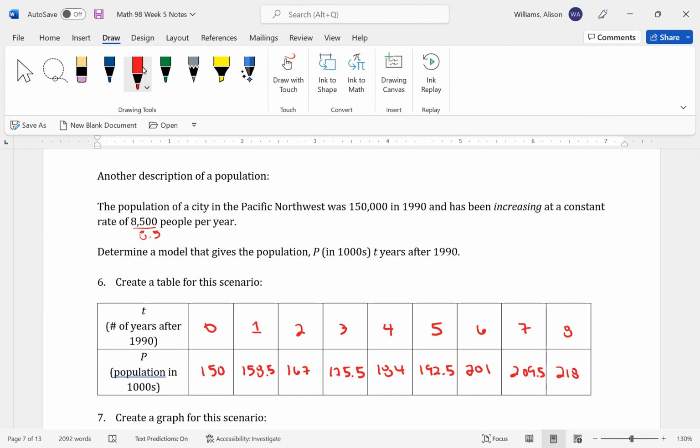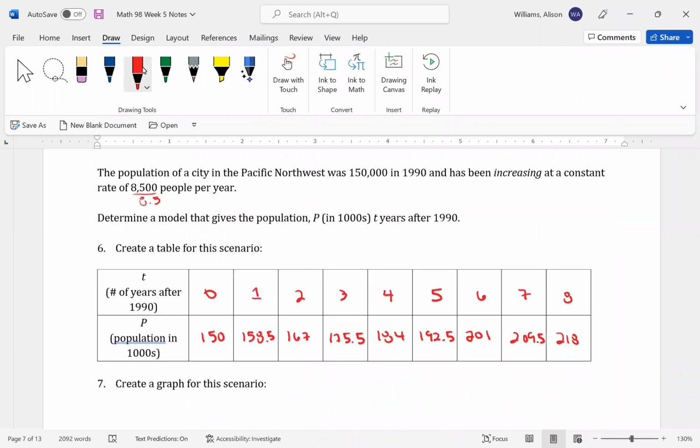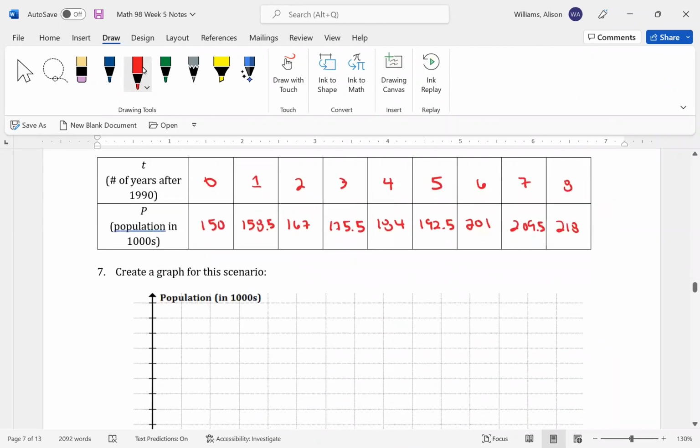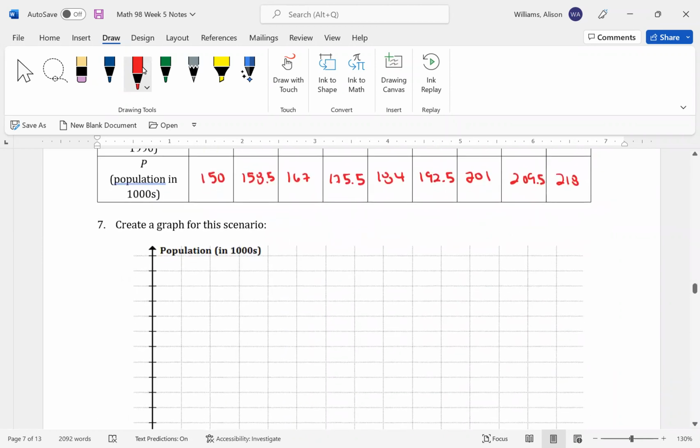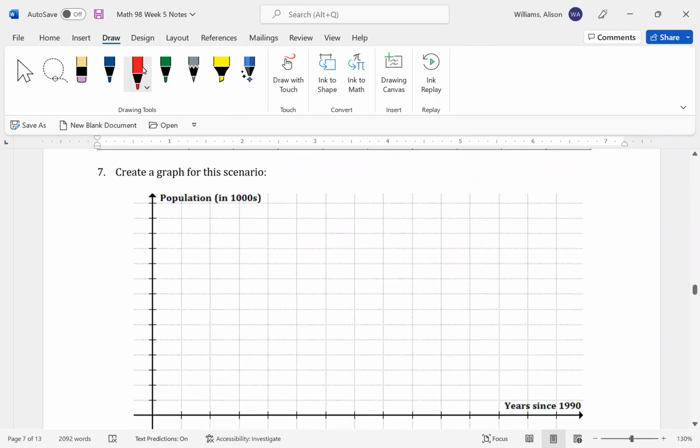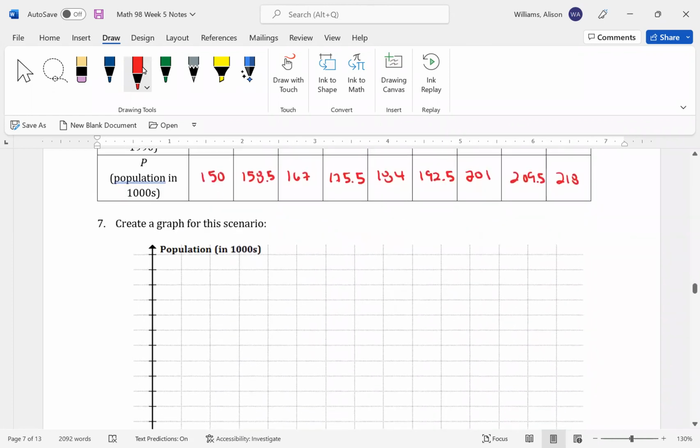Okay, so we've got our table. Let's do a graph. Now this time, I can do the 0.5s. I can, but I'm not as eager to do 0.5. So I might skip every other one. Just thinking about that out loud. This time also, I don't have to go as high.